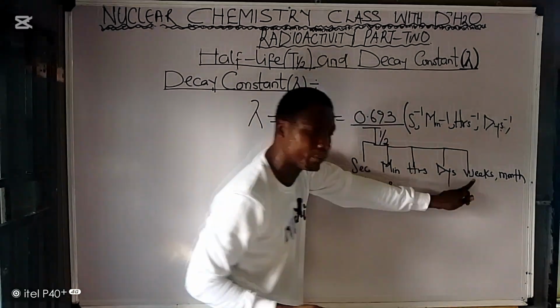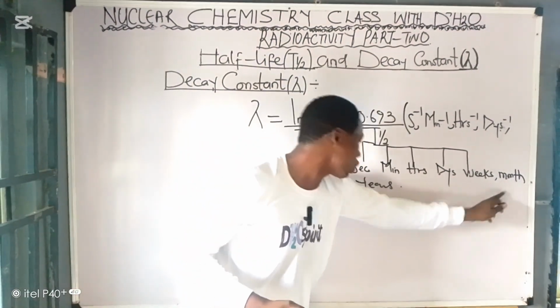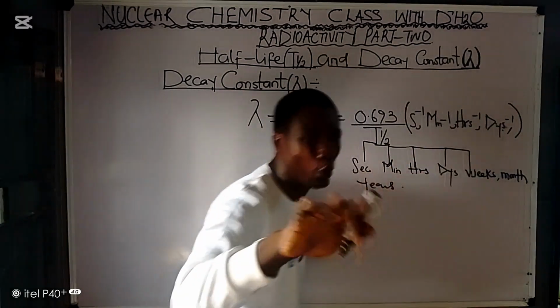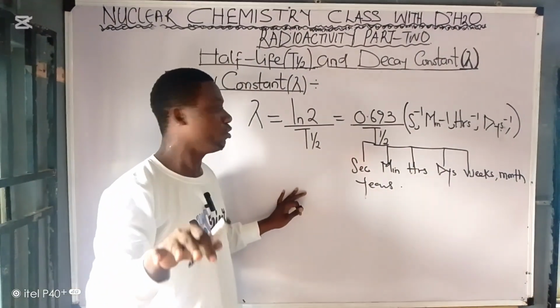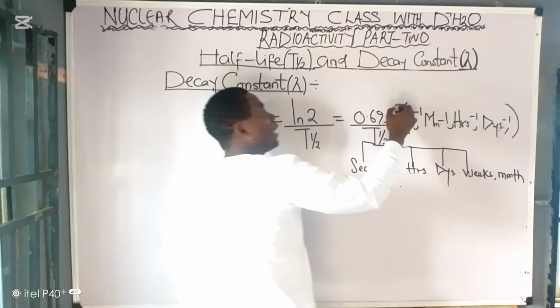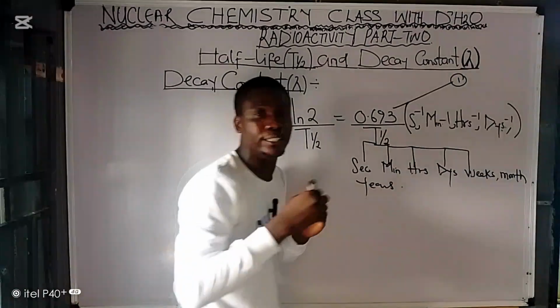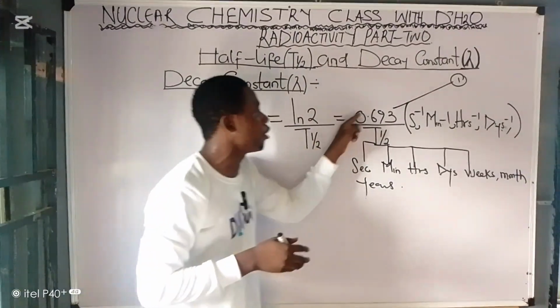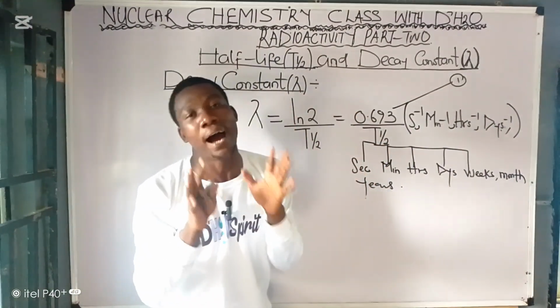If it's given in weeks, it becomes per week, per month, or per year. So it is actually the inverse of your half-life. Take note of this important formula. We can take this as formula number 1 for decay constant: decay constant is 0.693 over half-life.